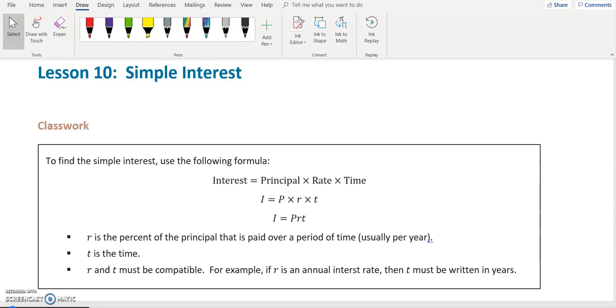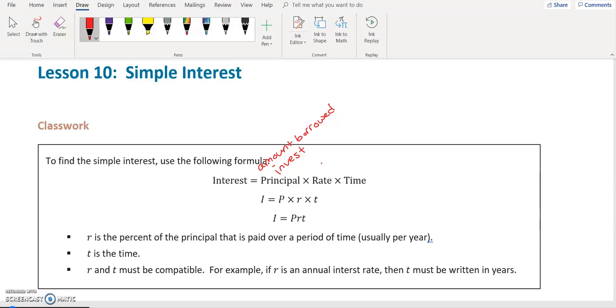In order to find simple interest, we're instructed to use the following formula, which is that the interest is equal to the principal. Our principal can be the amount borrowed. Another keyword would be invest.